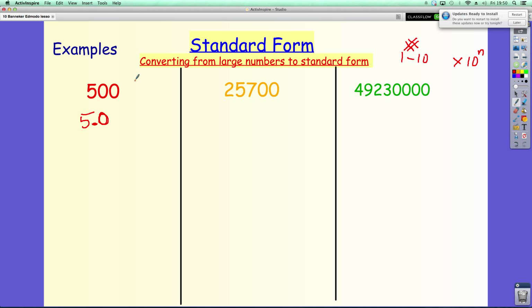So that's going to be 5 times 100. Now, 100 written as a power of 10, and we saw before that the power of 10, the number that comes above there, is actually the number of zeros that follows the 1. So in this case, 5 times 100 is the same thing as 5 times 10 squared, which we know already. 10 times 10 is 100.